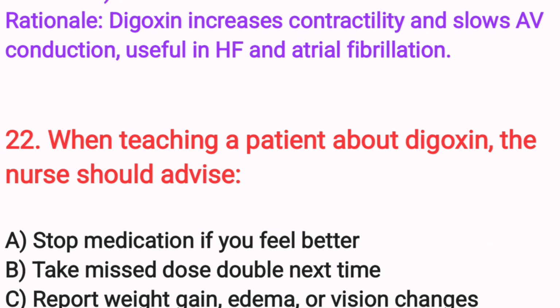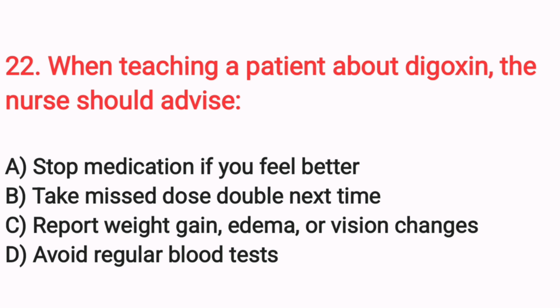Next, when teaching a patient about digoxin, the nurse should advise option A, stop medication if you feel better, option B, take a missed dose double next time, option C, report weight gain, edema or vision changes, option D, avoid regular blood tests.